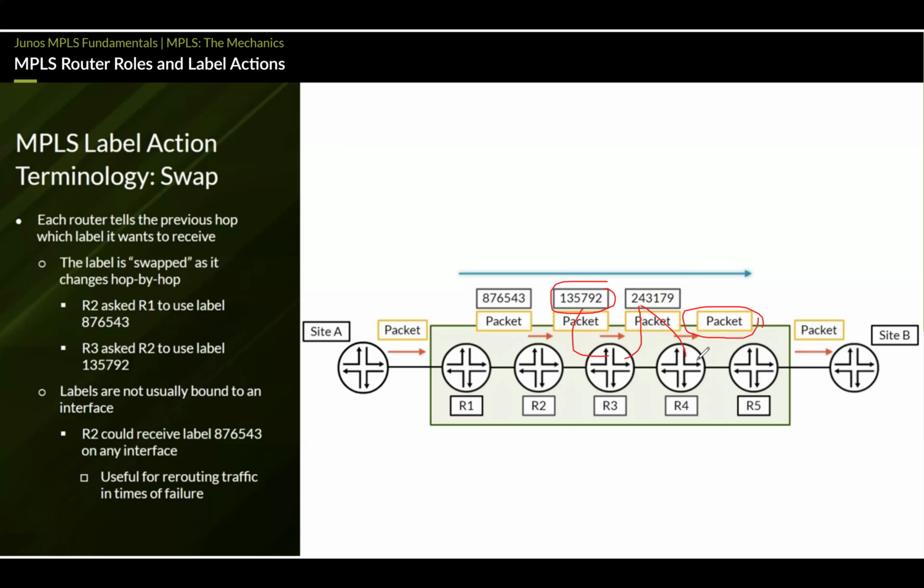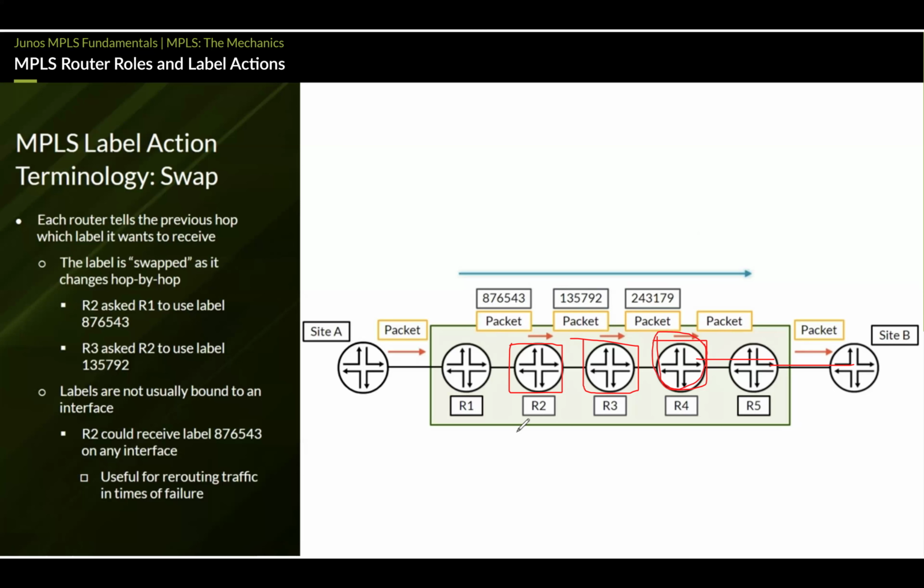That means router 4's role will be different. Router 2's role will be swap. Router 3's role will be swap. But router 4 removes the label and sends the packet to the egress router. And the egress router sends the packet to the customer edge router. So the pop operation happens in router 4. Pop means remove.